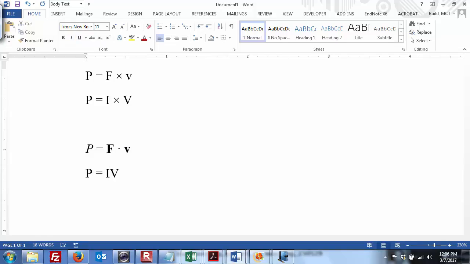Current and voltage are also scalars, so you don't need a special symbol in there. So this is how you calculate electric or mechanical power. Electrical power.